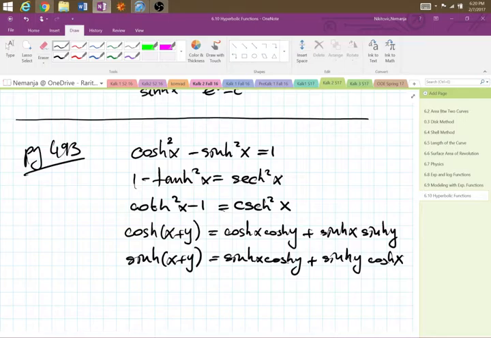And then what else did I? Cosine hyperbolic. So the double angles now.